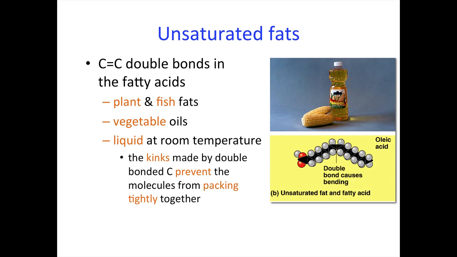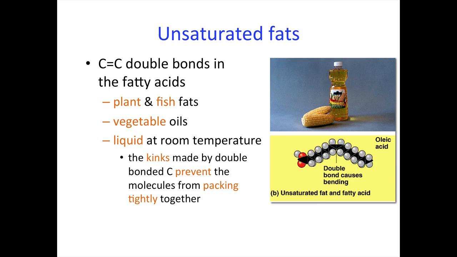What a cis double bond does is that it forms a kink. So these double bonds form kinks, and they prevent the fat molecules from packing tightly together. And because they can't pack tightly, they are in a liquid state. So unsaturated fats, because they have that cis double bond, are not able to pack tightly.